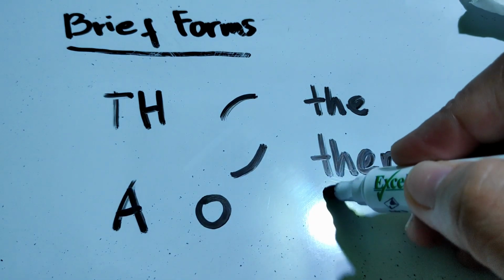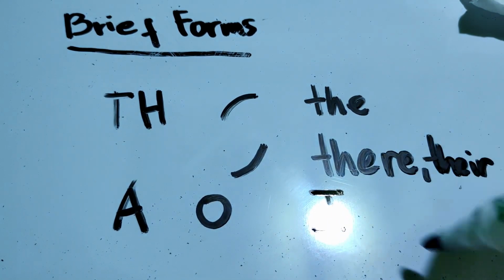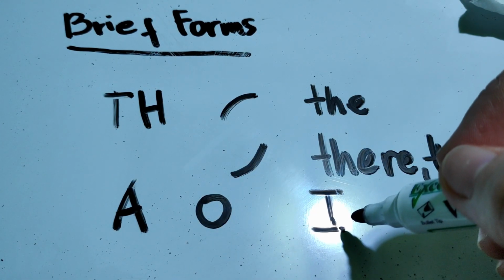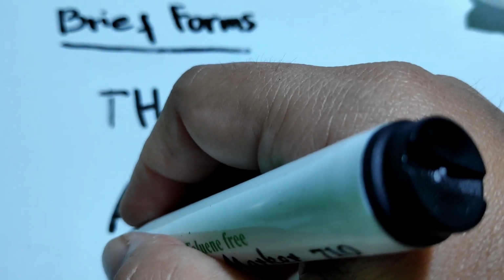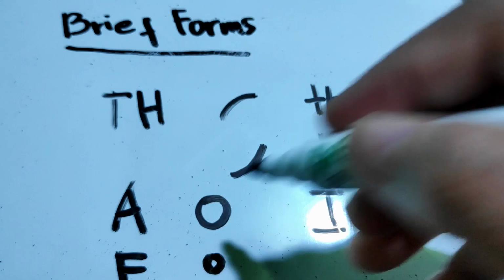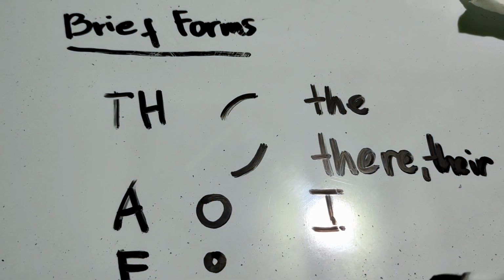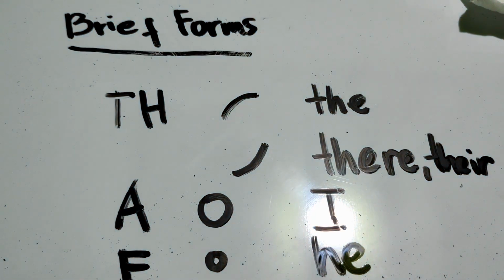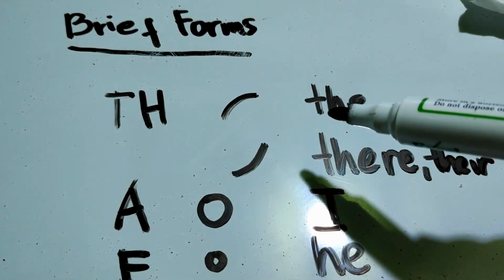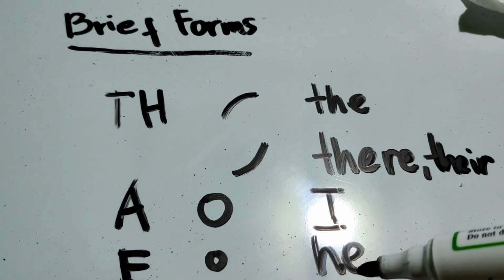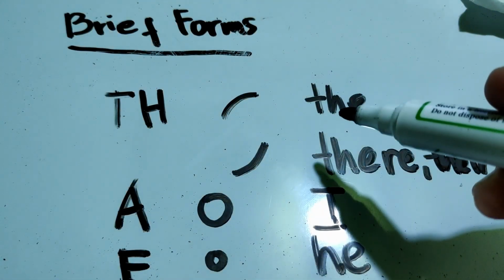Then, matranscribe na nimo siya as I. Kuha, I. Next nga vowel nga included ani nga brief form is the letter E. For the letter E, diba, smaller version siya ni letter A. And then letter E is transcribed as he. So, this is for the TH, this is for the A, and this is for the E. So, we are done with the brief forms.